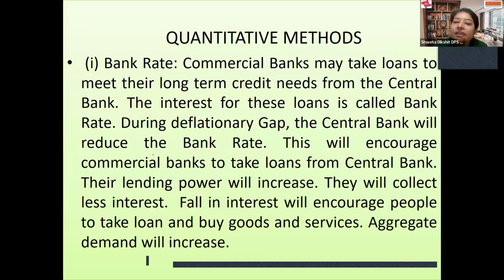When the rates are decreased, the central bank lets the commercial banks have more capacity of funding and liquidity, and this liquidity passes on in the market to consumers, and people are encouraged to demand more. And if there is more demand, then the problem of deficient demand will be solved. This is how it works.